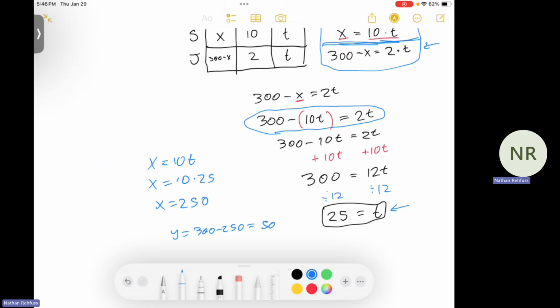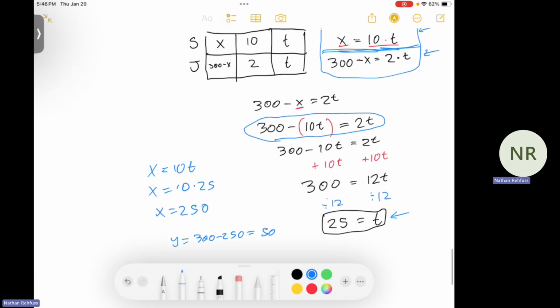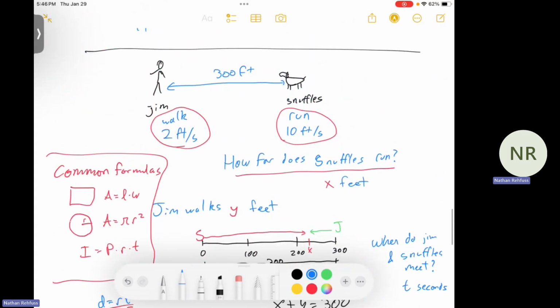All right, let's write our solution in English. How far does Snuffles run? Snuffles runs 250 feet. C, let's reread the problem with our solutions inserted as a check. Jim, walking 2 feet per second, at a rate, Jim's rate is 2 feet per second.